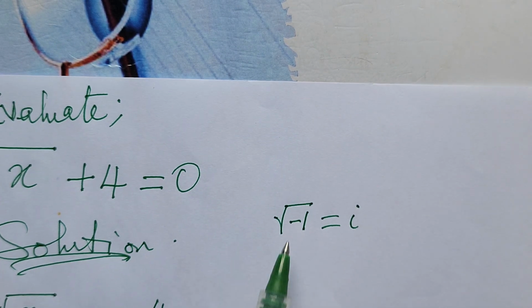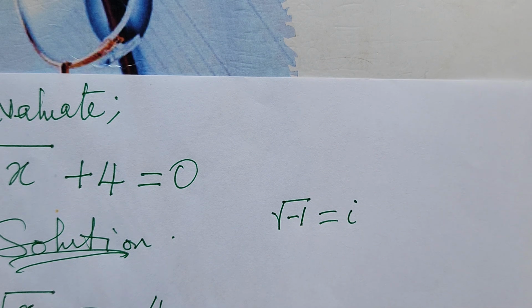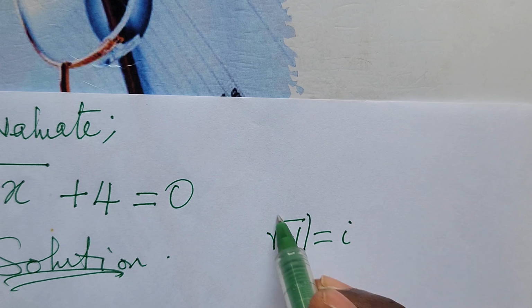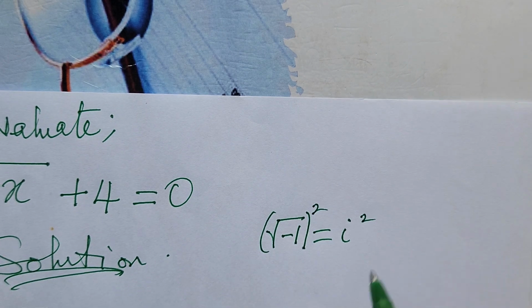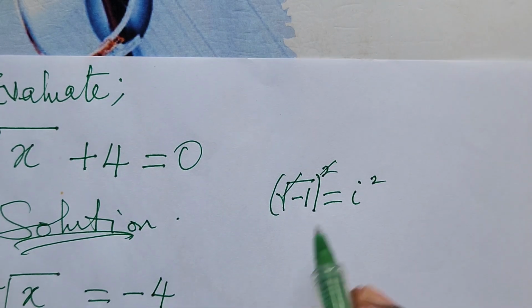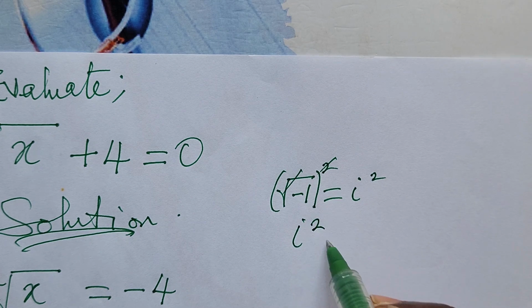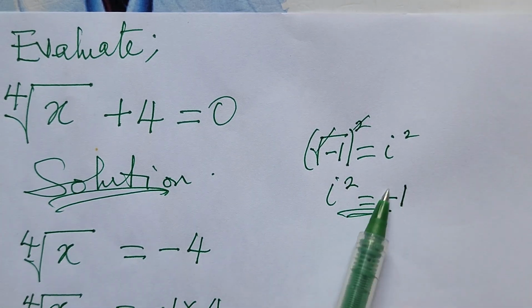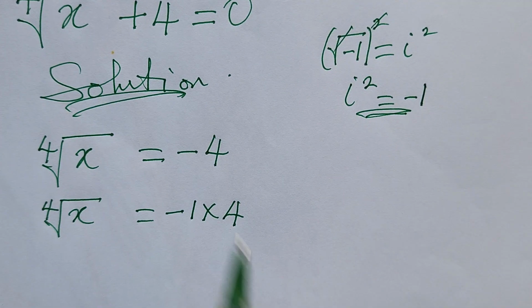So if I want to make minus 1 the subject, all I need to do is square both sides of the equation. This leaves us with i squared equal to minus 1. With this, we can replace minus 1 here.